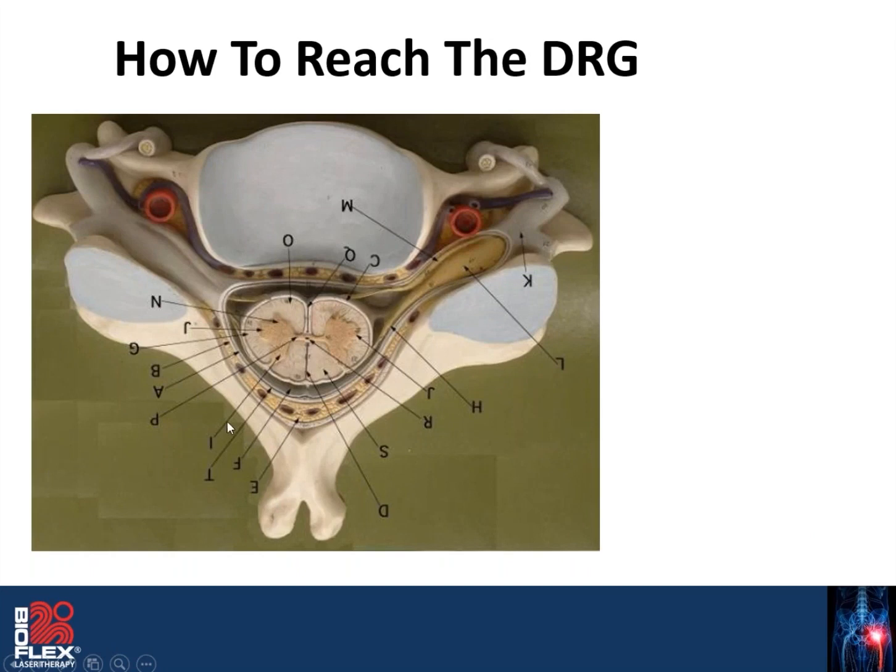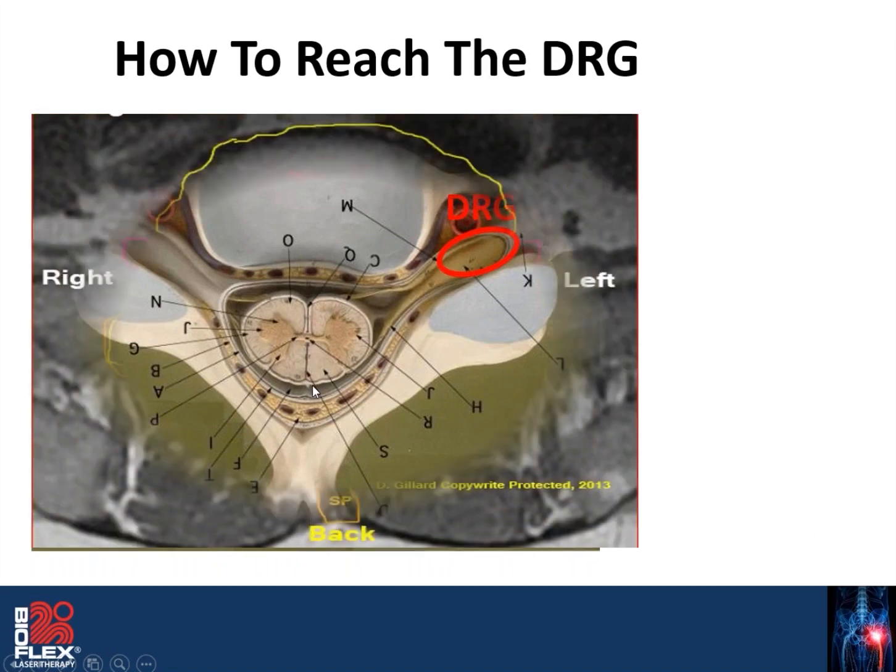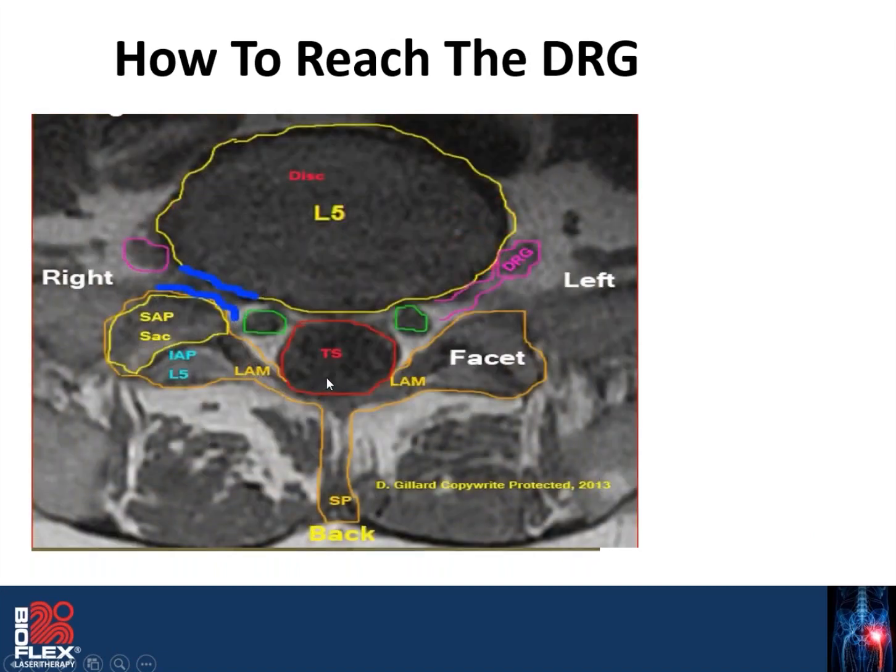So how do you reach these deep structures? Well, first of all, you need to brush up on your anatomy, make sure you know where, in this case, the dorsal root ganglion lies. And then if you want to try and access that dorsal root ganglion, you want to avoid as much as possible the bony bumps and protrusions of the facet joints and the SPs, spinous processes, and so forth.